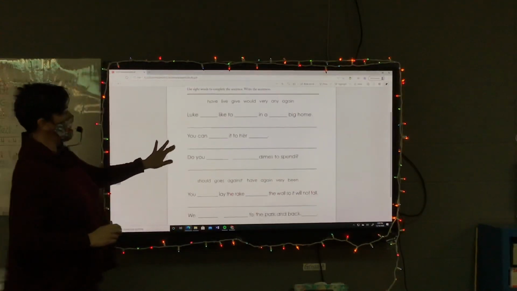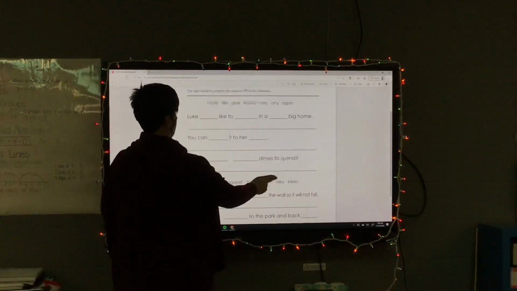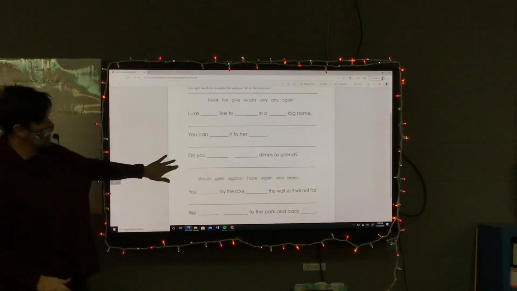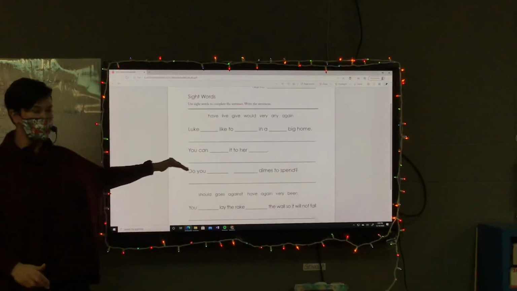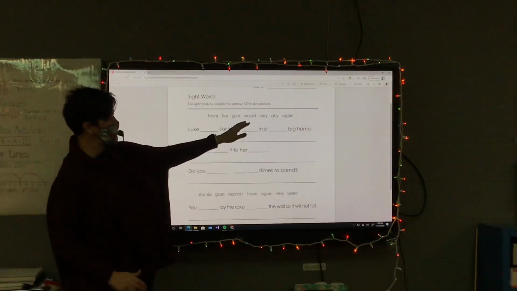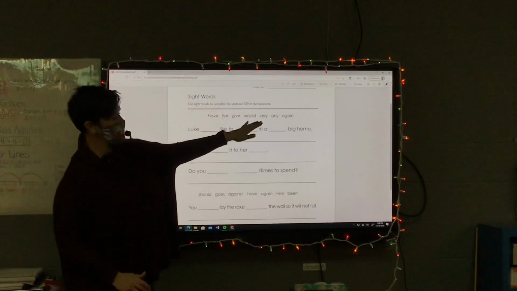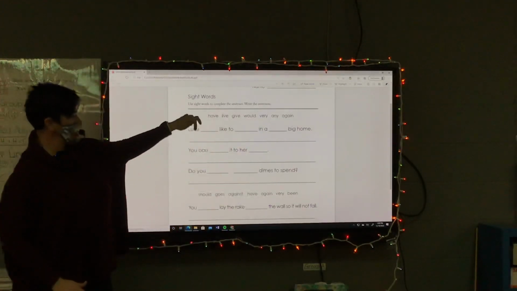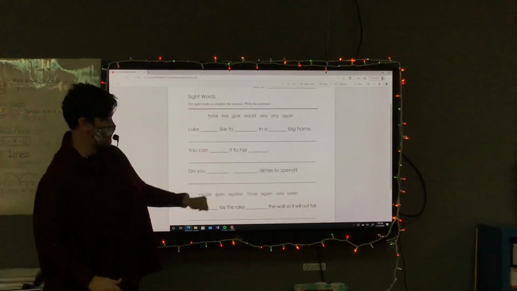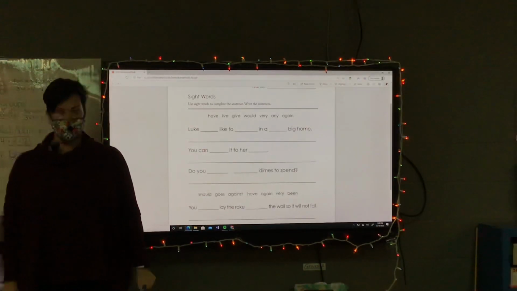If you are looking at your paper, it's exactly like mine up here on the board. So it has 3 sentences. You're going to use these 7 words to fill in these lines.